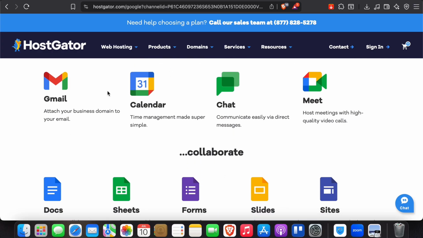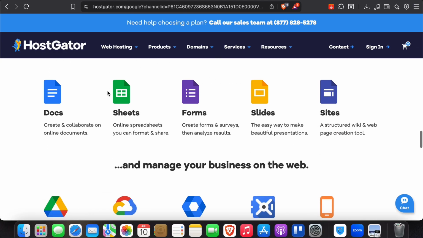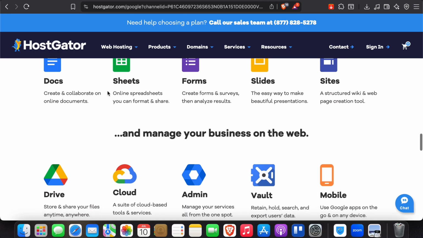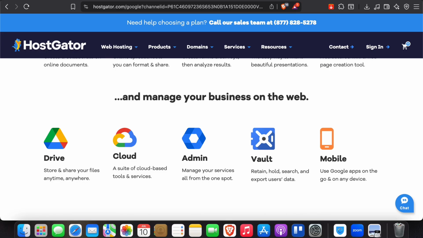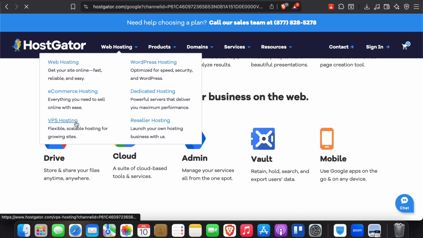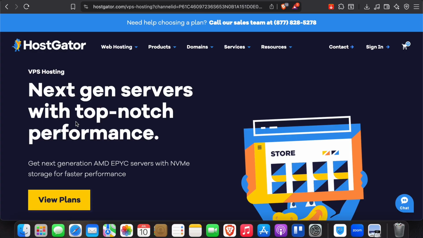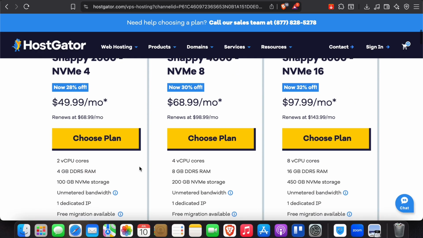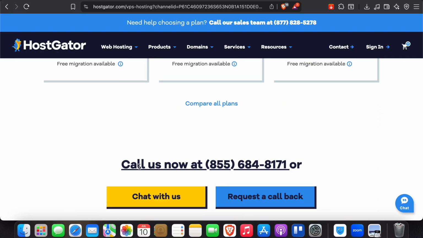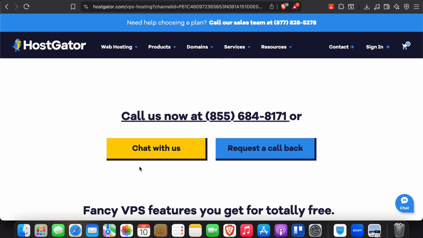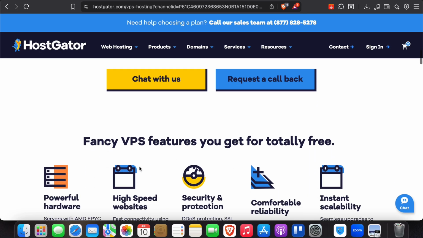So, there are several reasons people consider HostGator for GLPI. First, it's beginner friendly. The hosting dashboard is simple to navigate, making it easier for people who aren't experienced with server administration. Second, if you're just learning GLPI or running a small organization, it can be a budget-friendly starting point.